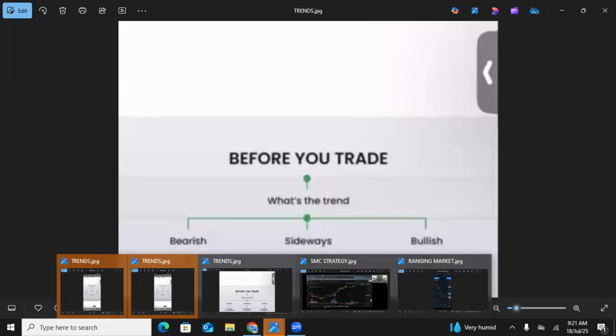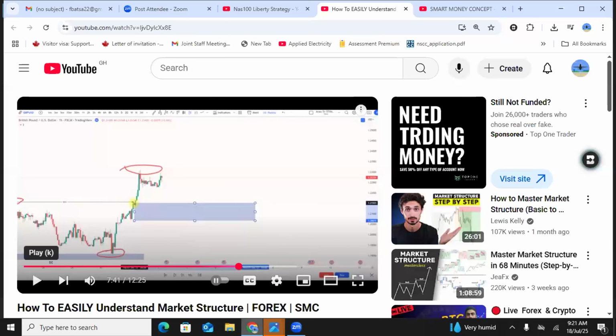Now, when we are done, we also have to look at how the market is moving.